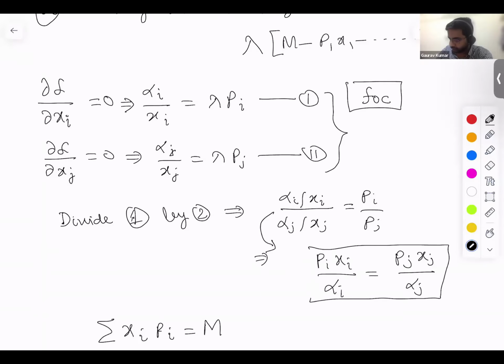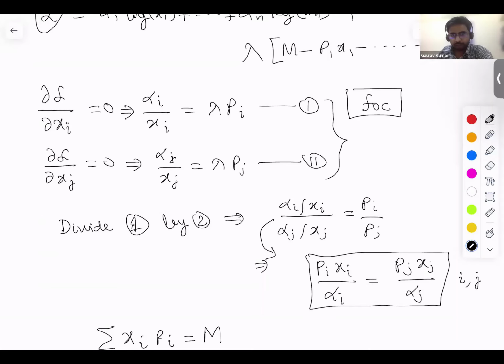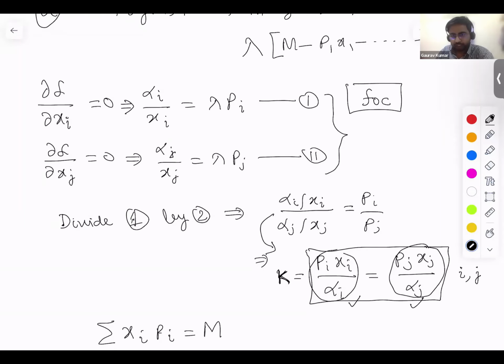The reason why I did this is, for any i and j, because i and j were arbitrary in that set of n goods, arbitrary in the sense I just randomly picked two goods. These are not specific goods which I picked from those n. So you can see that this ratio is going to be constant for all the n goods. For i and j, this ratio is equal for both. So let's assume some constant value k, which is the value of this ratio for all the n goods.